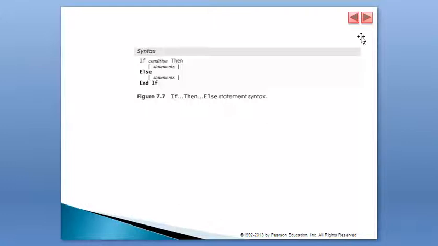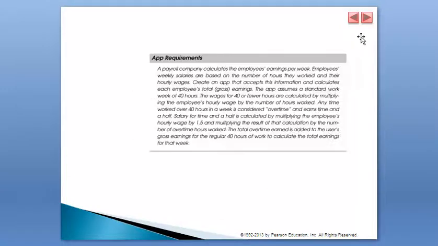end if. Okay, in your chapter they illustrate this concept with an application for a company whose employees work 40 hours per week, and when they work more than 40 hours per week, they are compensated with an additional 50% of whatever they make per hour.